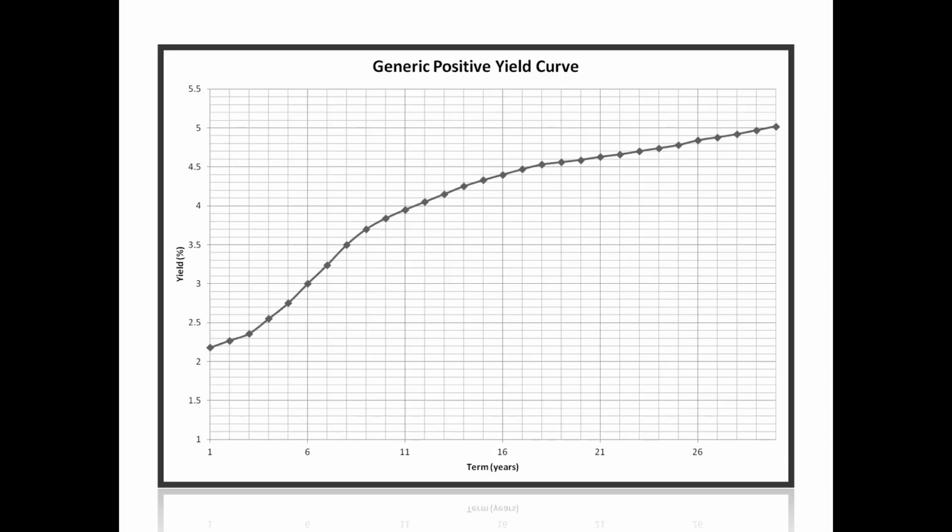But you would think that as the term increases, the yield that one would be willing to lend their money at would also increase. So for 1 year, we said that the yield is about 2.3%. And then as we go clear over to the 30-year mark, we can see that it's around 5%. So if you were going to lend your money for 30 years, you would get 5% on your money based off of this yield curve. So you can see how that changes over time.